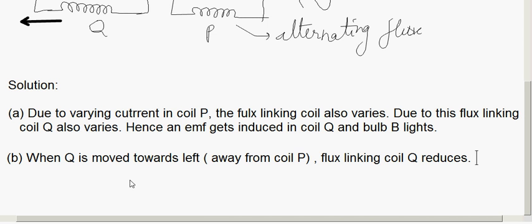This leads to a reduction in the induced EMF.